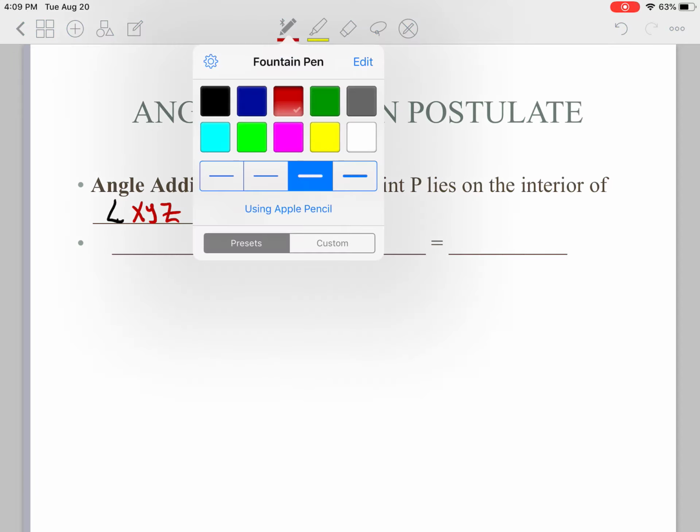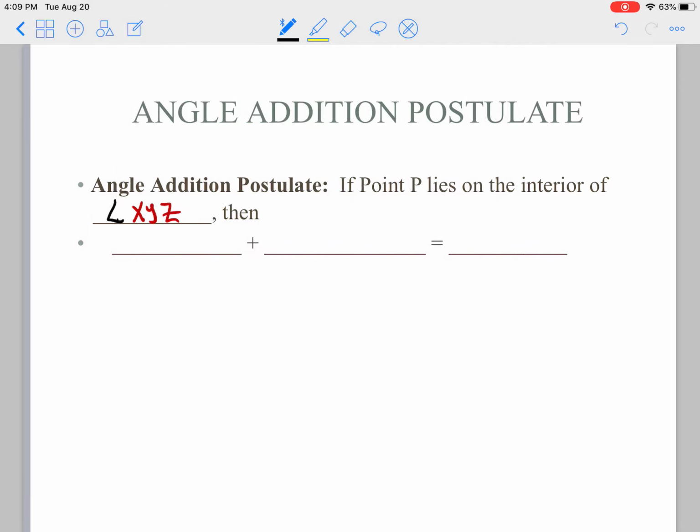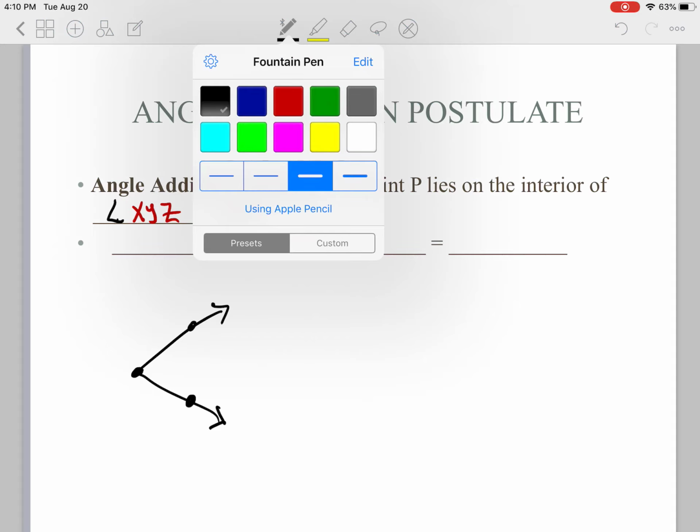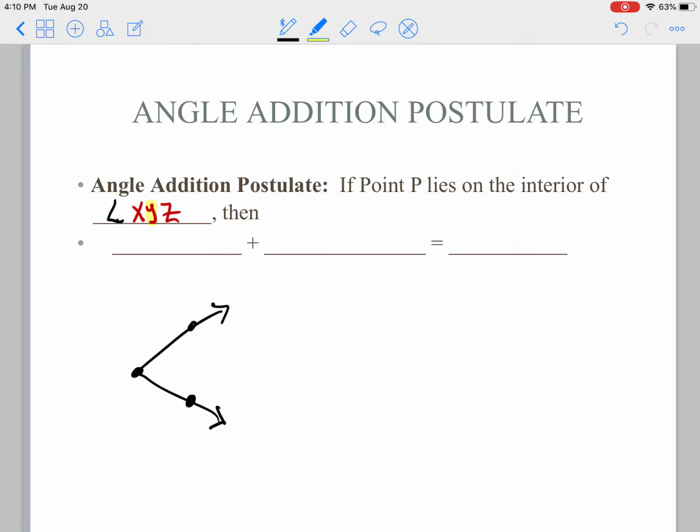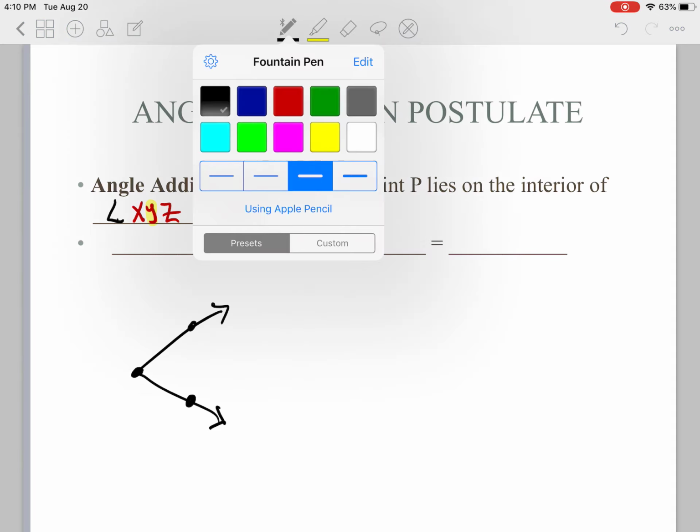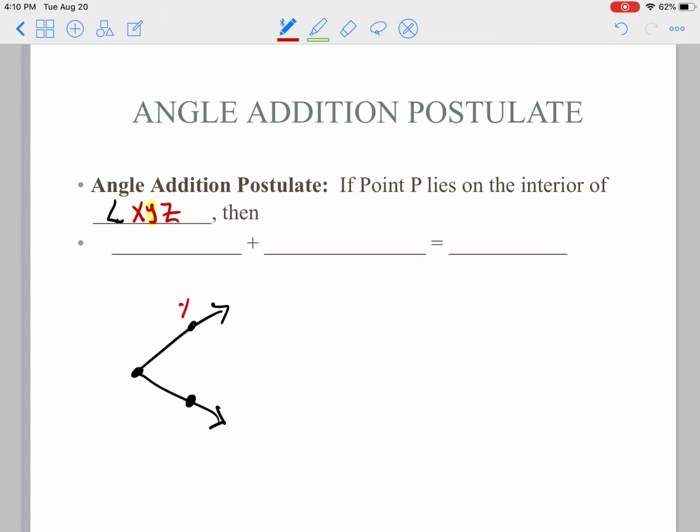So let's draw my angle before we go any further. And that was very sloppy. Let's draw it again. Okay? Where is my vertex? It's the one in the middle. So if I were to name these, I could say X, Y, and Z.